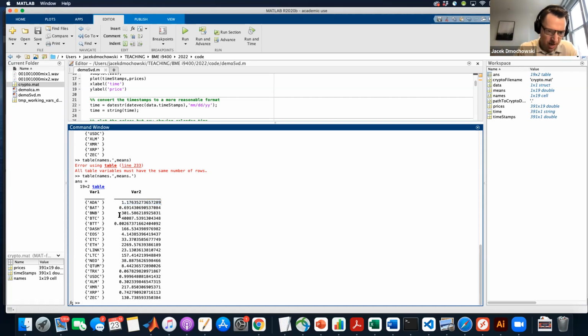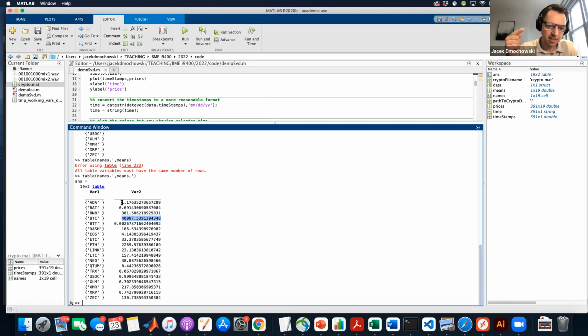And so here you see that if I show the means for each currency, Bitcoin has the largest mean, right? Because 1 Bitcoin is worth the most.